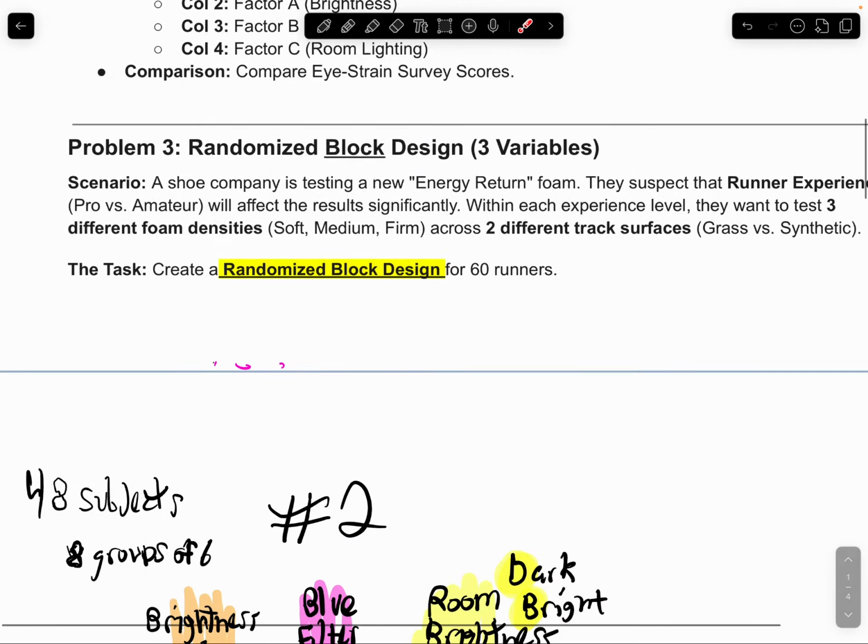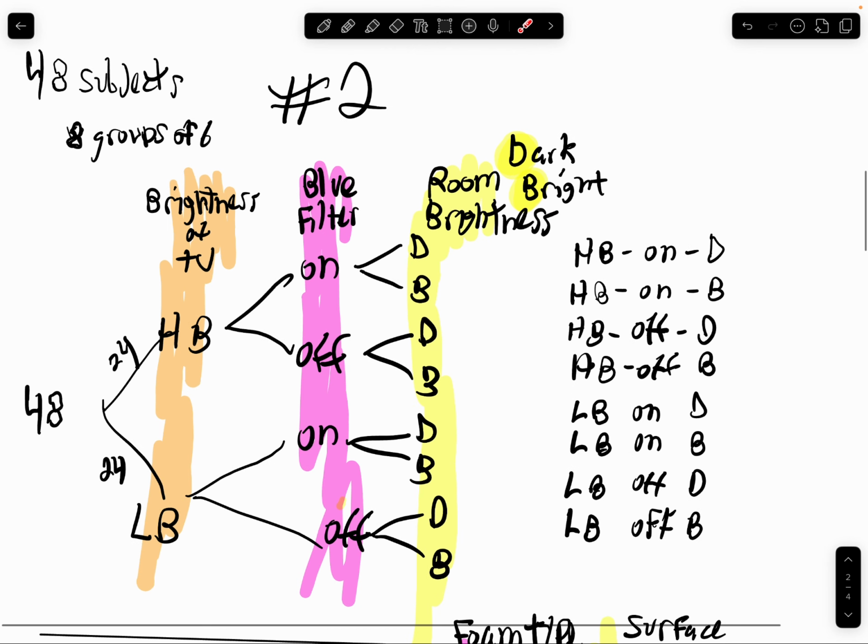Here's the picture of what it's going to look like. You can copy if you didn't already make your picture. 48 subjects, 8 groups of 6. This is problem 2. So your 48 people, 24 go to the high brightness TVs, and 24 are going to look at the low brightness TVs. That would be one way to set this up.